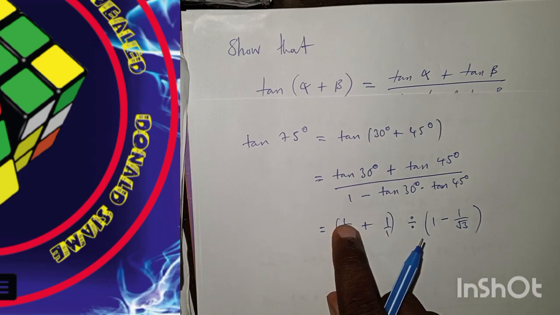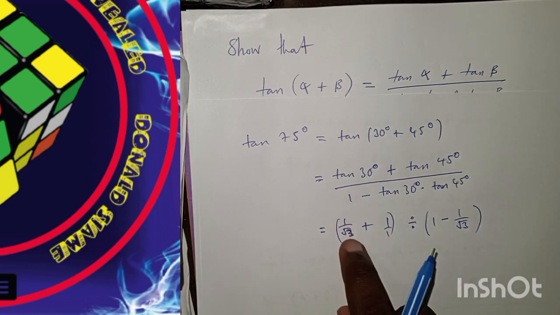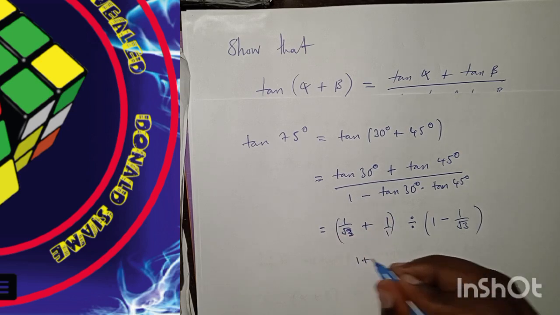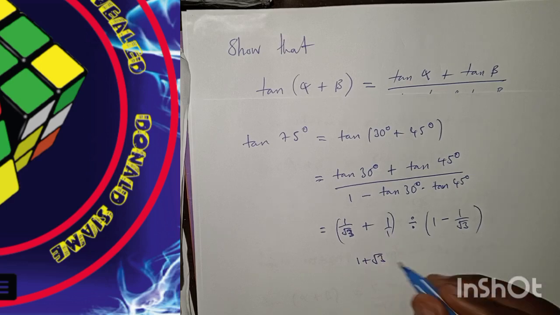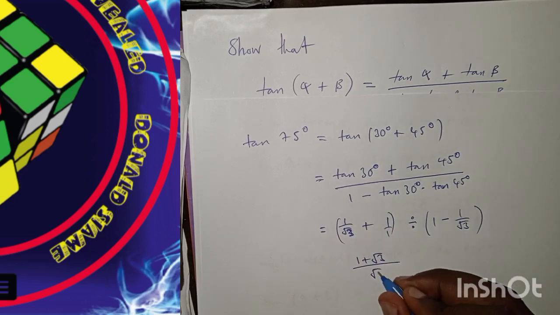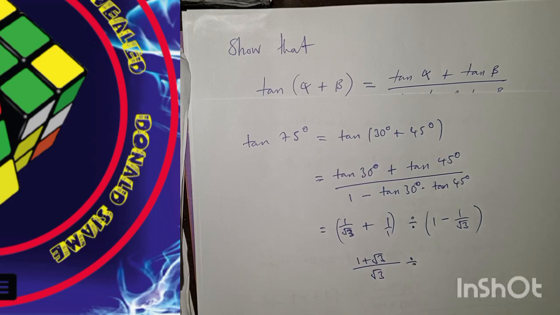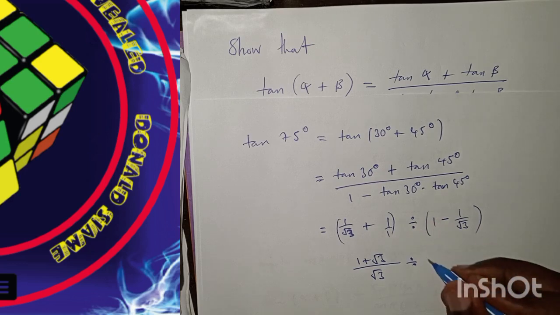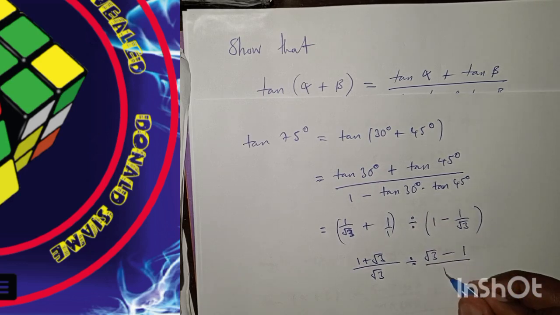So 1 times 1 is 1 plus square root of 3 times 1 is square root of 3. So we are going to have 1 plus square root of 3 over square root of 3, divided by, again this is square root of 3 times 1, we have square root of 3, that is minus 1 over square root of 3.